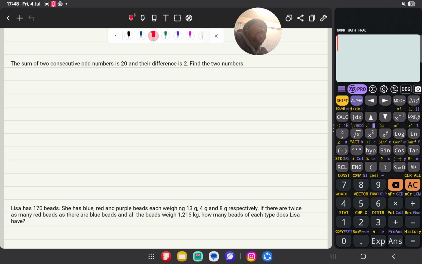So you have two consecutive numbers, and these numbers are odd numbers. When you subtract them, they give you 2. You add them together, you get 20.